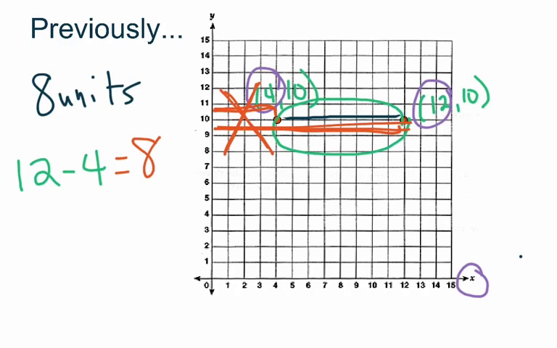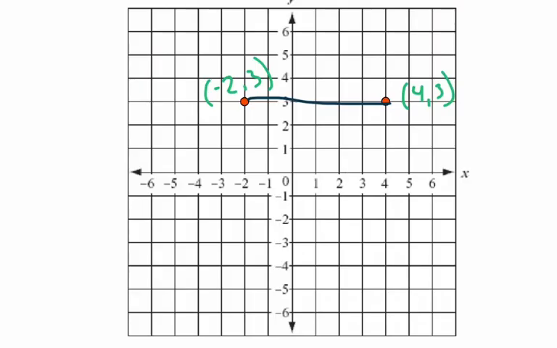So now let's start to apply that to the coordinate plane and when points might not be in the same quadrant. Okay, so we are going to look at this horizontal line. It is in the coordinate plane, and the 2 points that we've graphed are in different quadrants. So in this problem, since it's horizontal, we are still going to look at their x-coordinate because x-coordinate is our horizontal one.